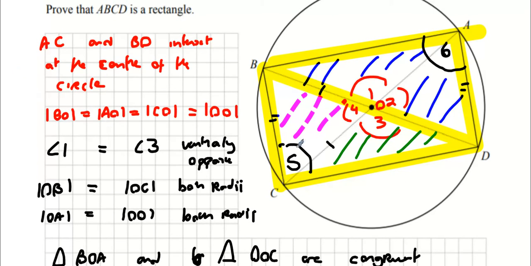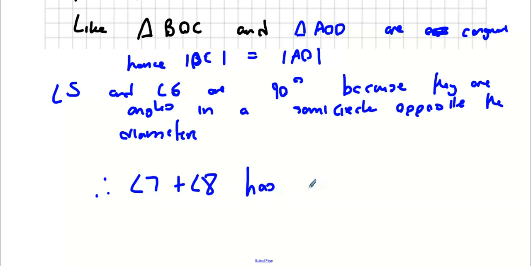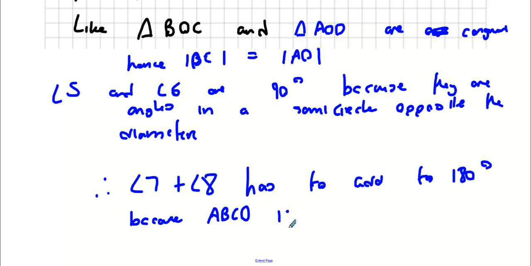Okay, and then we can say that angle 7 and angle 8, therefore angle 7 plus angle 8 has to add to 180 degrees because ABCD is a cyclic quadrilateral. Does anybody remember what a cyclic quadrilateral is?